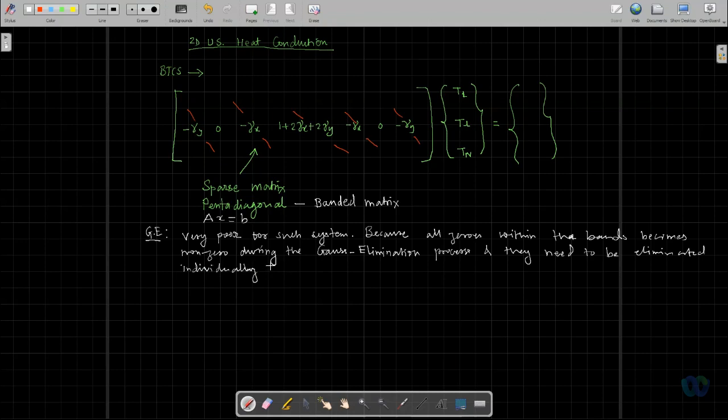Individually, term by term. And this may be cost incurring.